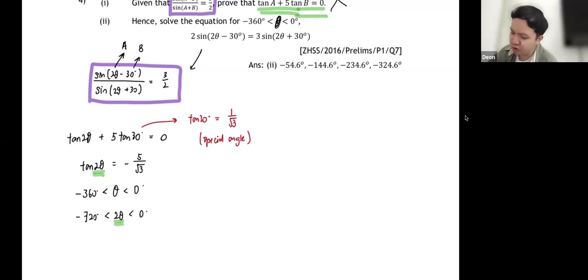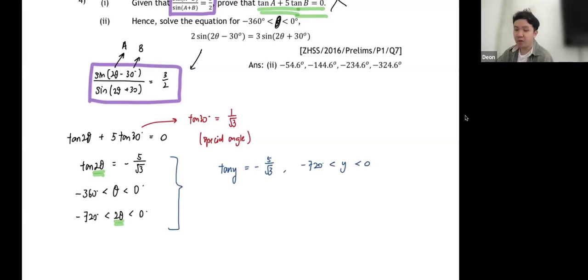Okay, so this 2 theta is kind of annoying. I don't like it, so I'm going to change this question. I'm going to say tangent y equals minus 5 over root 3 for negative 720 to 0. So now it becomes like what we did just now.